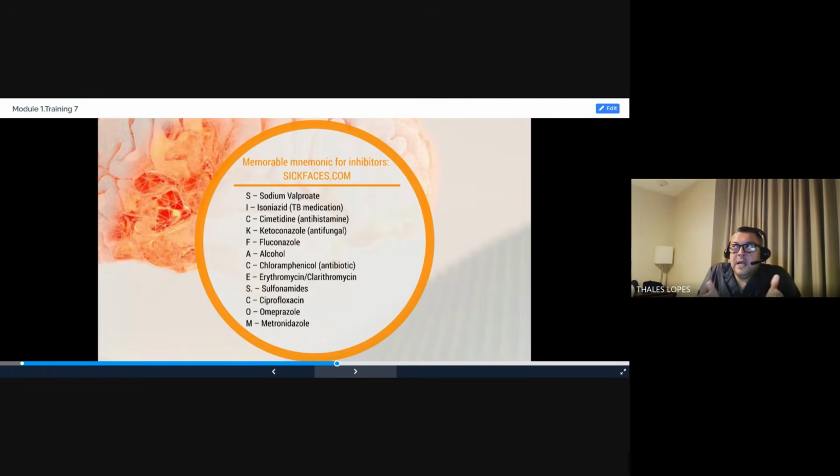So if you are not comfortable with the previous mnemonic and you want to memorize this one instead, that's okay. If you want to memorize both, it's okay. So for inhibitors, more of the medication is available, and you can memorize by saying psychface.com, right? And now you have your list of inhibitors here.